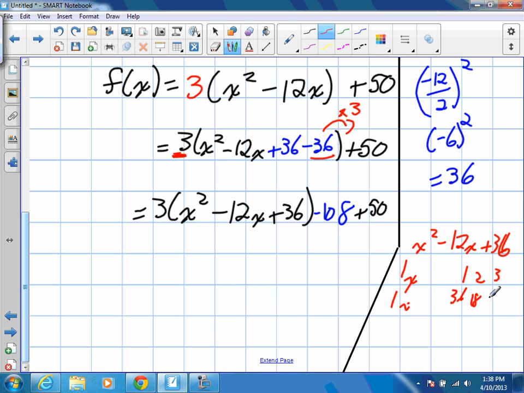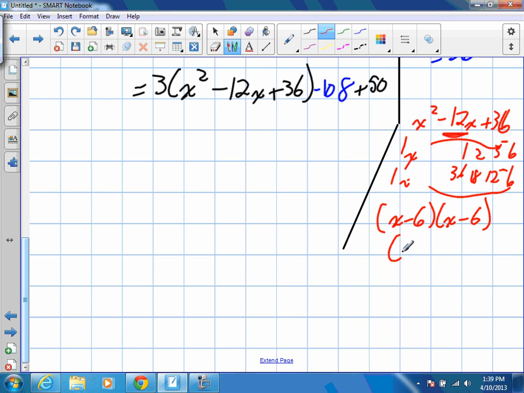The one that's very important to us is 6 and 6, because I know I'm going to need to multiply 6 by 6 to get 36, and I need them both to be negative in this case to add up to negative 12. So our bracket when we factor this would be x minus 6, which can be written as what? x minus 6 squared. Okay.